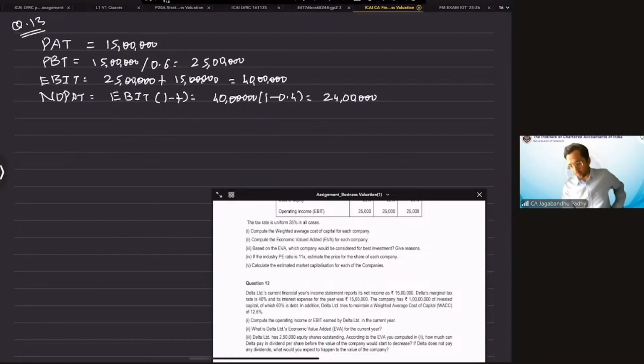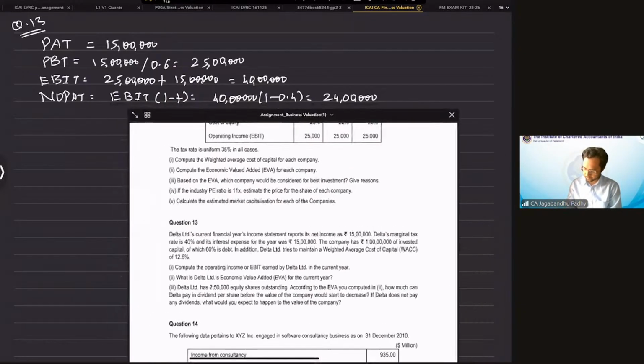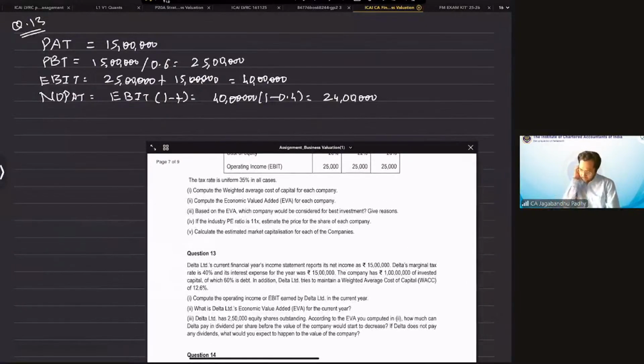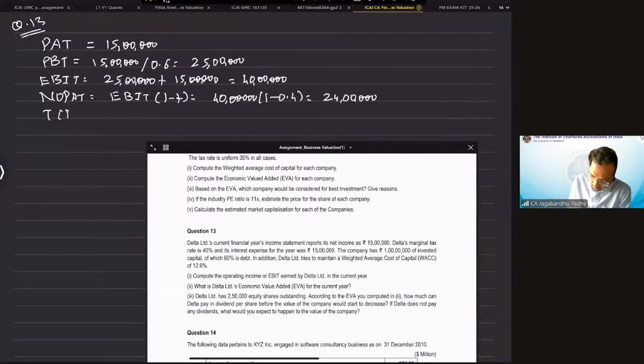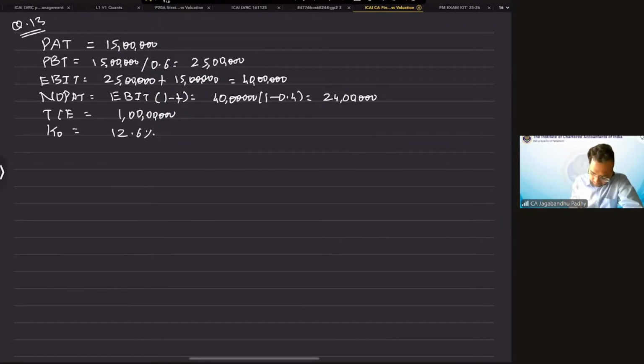Now, once we have got the NOPAT as 24 lakh, you have to look for the economic value added. The weighted average cost of capital is already given, 12.6%. Total capital employed is 1 crore. So what is EVA?